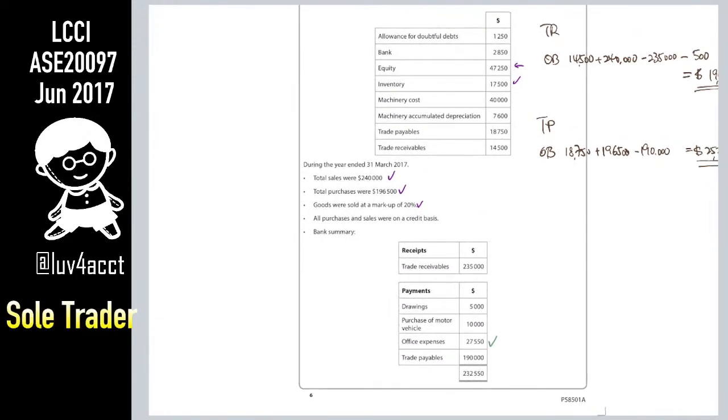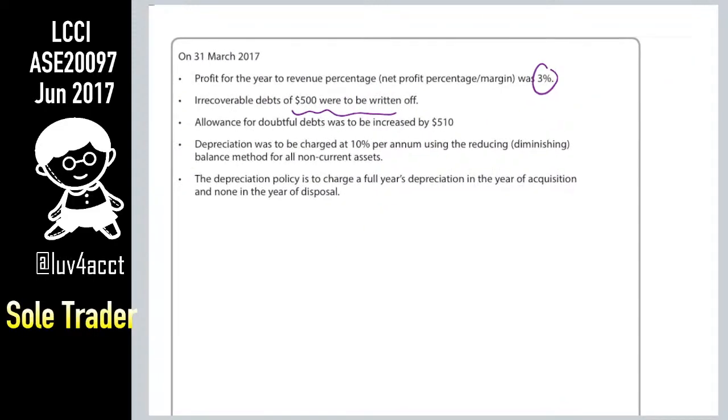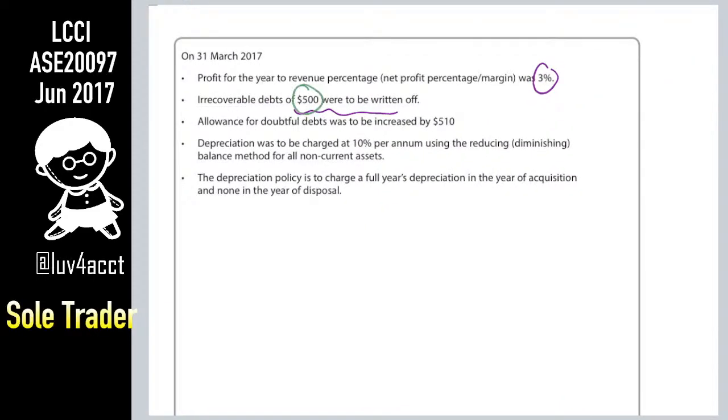We don't have any opening nor closing balance of accruals and prepayments, so 27,550 payment for expenses. We have non-cash expenses as well: irrecoverable debt 500, allowance for doubtful debt 510, and also depreciation.